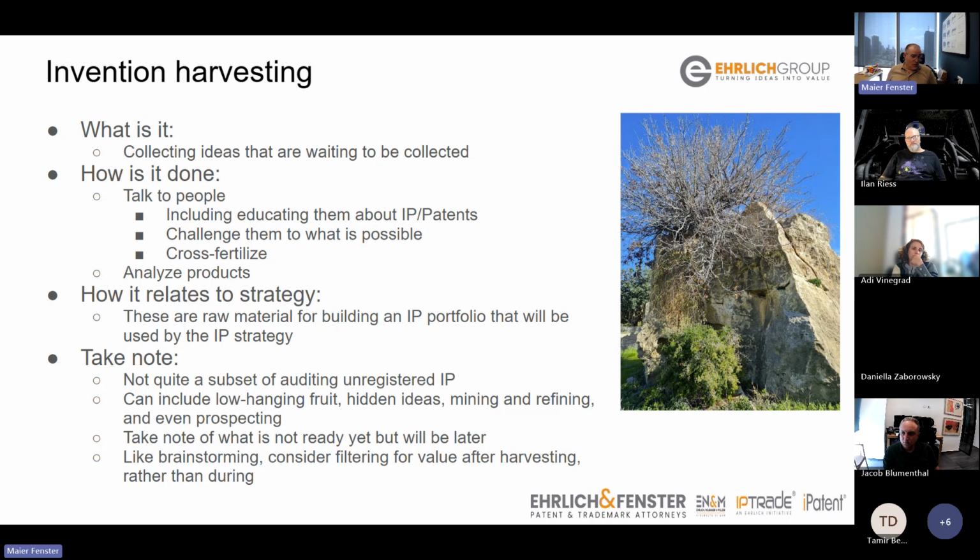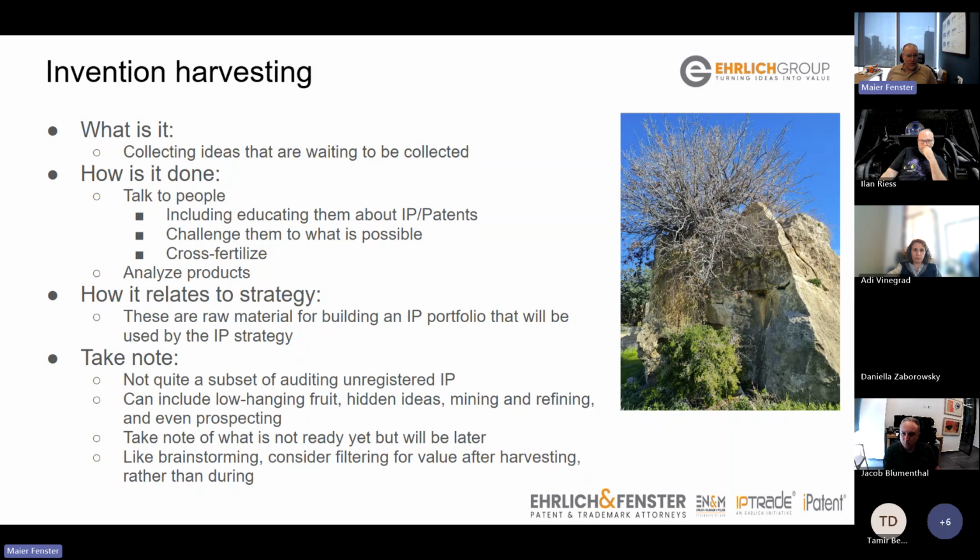But there's low-hanging fruit, there's ideas that are hidden, there's mining, that's when you dig in deep, and sometimes you have to refine the ideas that you get. Sometimes there are different words you can use, but they really reflect how difficult it is to collect the information that you need.